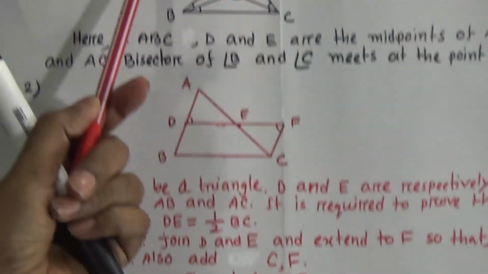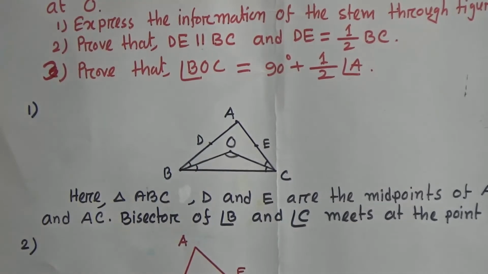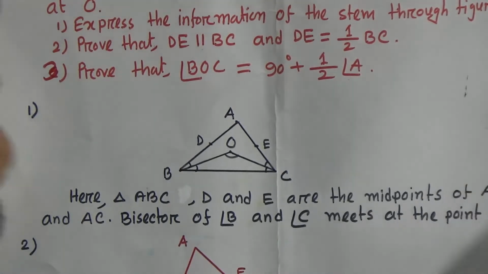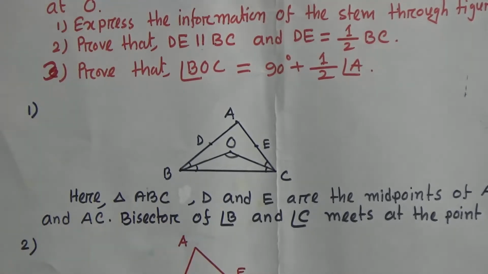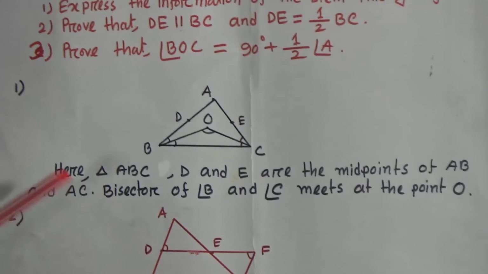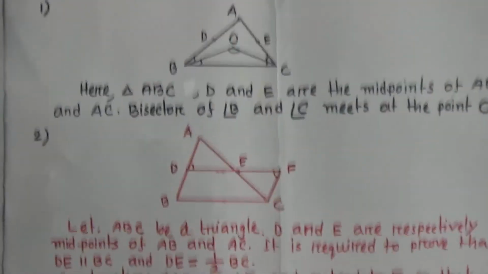Prove that DE is parallel to BC and DE equals half of BC. Students, look here. ABC is the triangle.